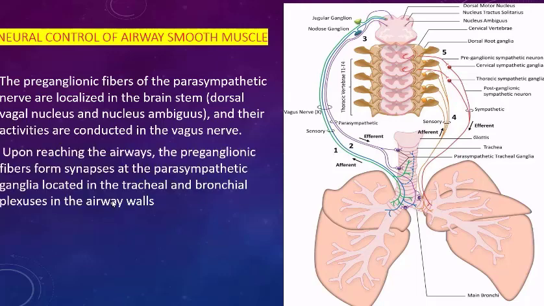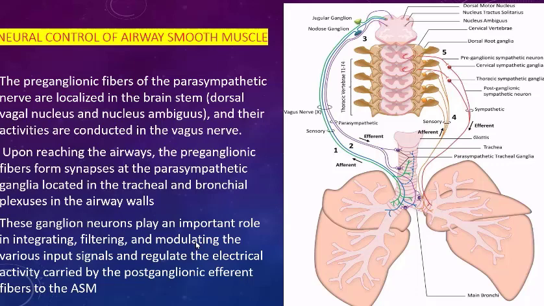Upon reaching the airway, the preganglionic fibers form synapses at the parasympathetic ganglia located in the trachea and bronchi plexus in the airway. Here they make a synapse with the postganglionic neurons, which are located in the bronchial plexus.